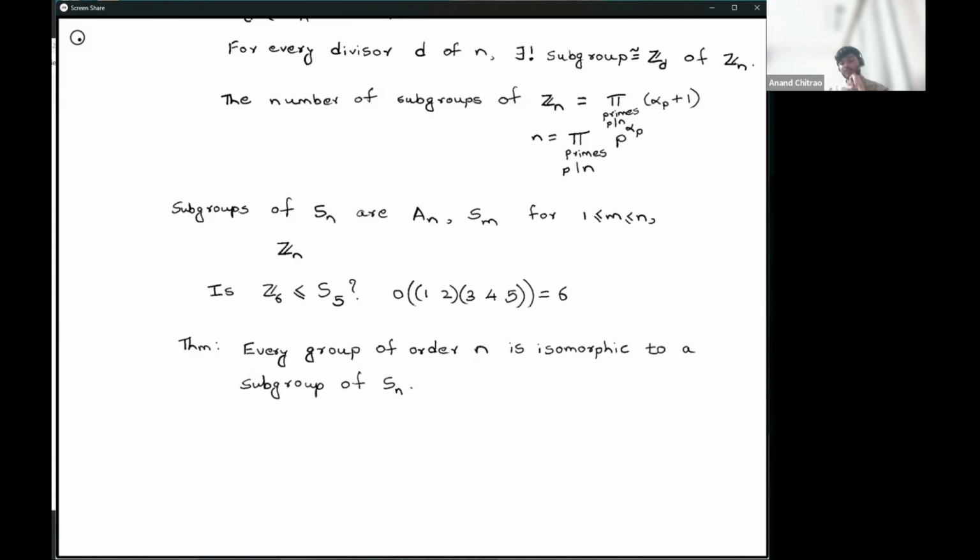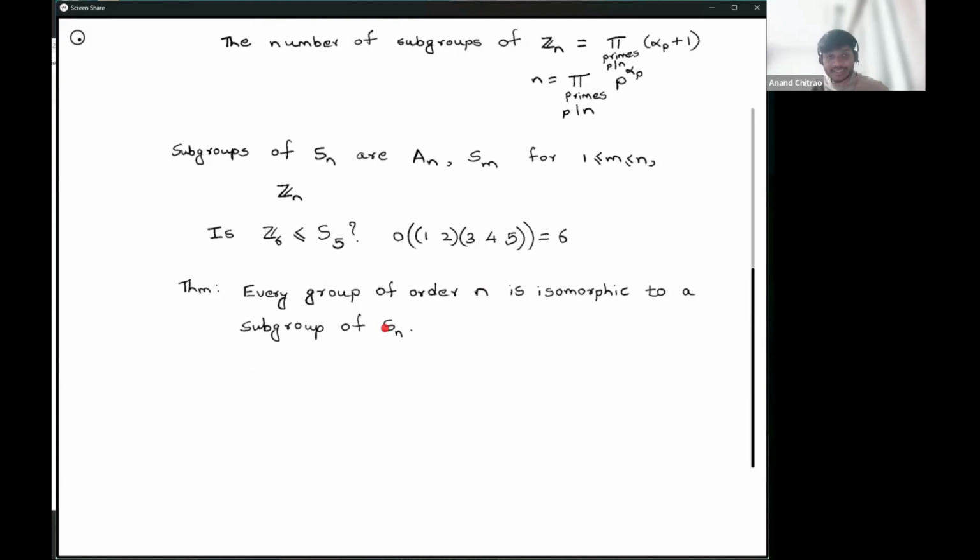One way to prove this is to do the following. Start with that group of order n. Then given any little g in that group, you look at the function going from capital G to itself, which is multiplication by g. Turns out that's a bijection, and that's how you get a copy of your group of order n inside Sn.